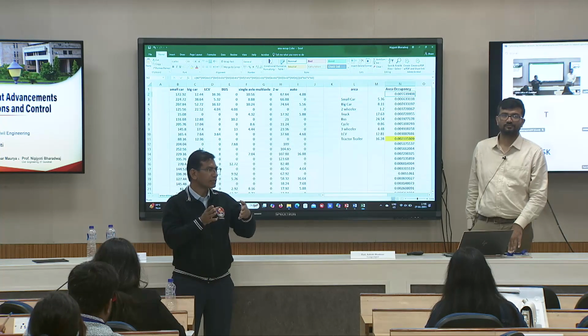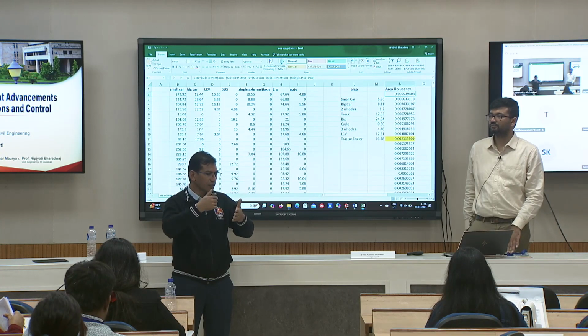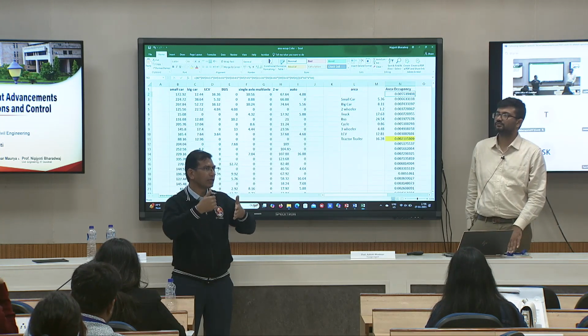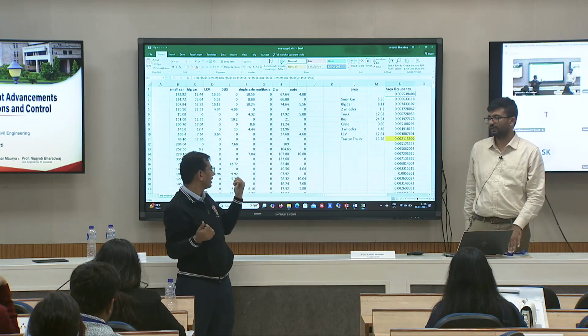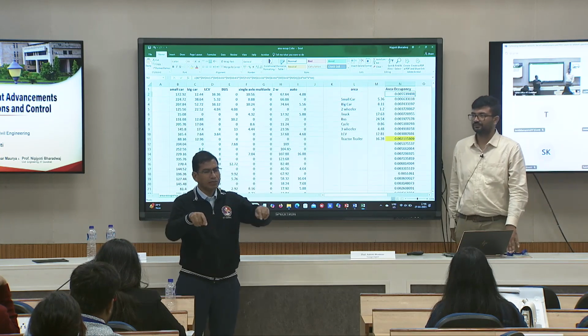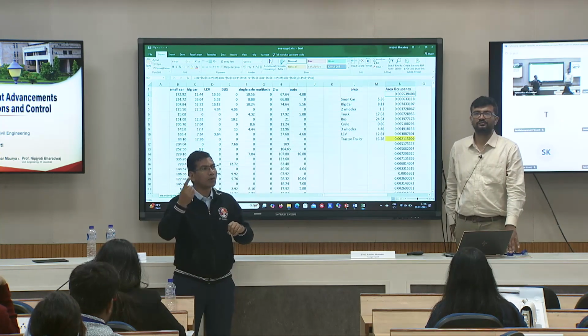In this approach, a particular vehicle gets represented by its area, not by its PCU value. Vehicles having higher area will obviously occupy more and create more congestion.